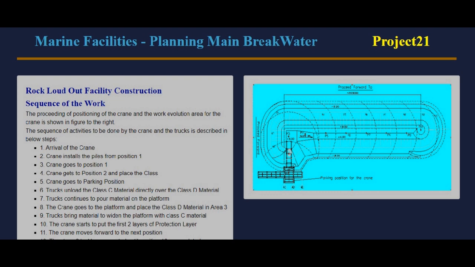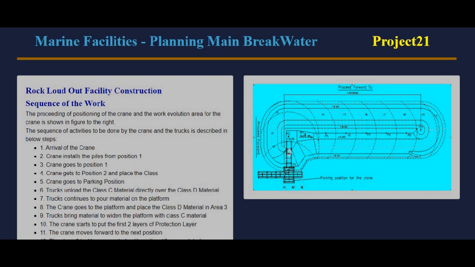Trucks unload the Class C material directly over the Class D material until level 6 CD and form a small area above water level where the bulldozer can evolve. 7. Trucks continue to pour material on the platform, the bulldozer widens the area until a platform is achieved for the crane to have access to position 3. After placing the material the profiles in area A1 and A2 are to be done for C material.